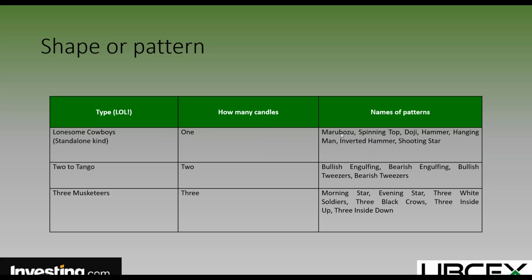The Marubozu, we have a spinning top, we have a doji, we have a hammer, a hanging man, and basically a hammer and a hanging man are exactly what they look like. A hammer is a long lower wick and a small body up top. So they're a variation of a small body candle.